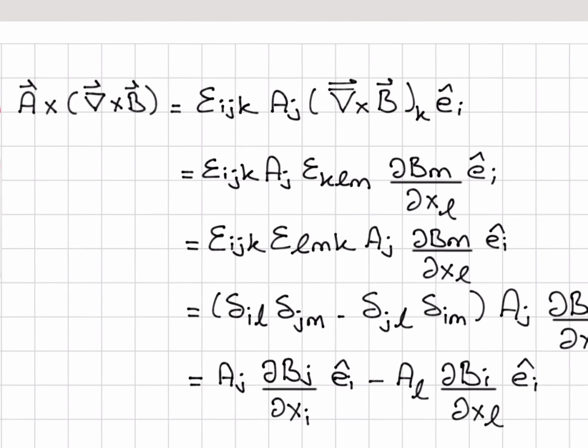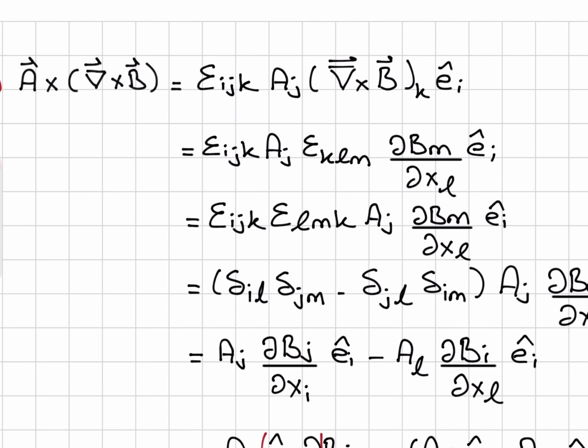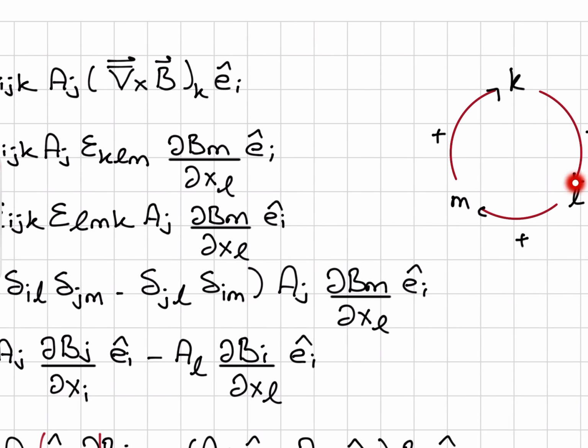Okay, so we started out by writing the cross product A cross this vector, epsilon_ijk e_i hat, j component of the first vector, k component of the second vector. Now the k component of the curl is epsilon_klm del/del x_l B_m. So for epsilon_ijk epsilon_klm, I can also write epsilon_ijk epsilon_lmk because we have cyclic permutations here.